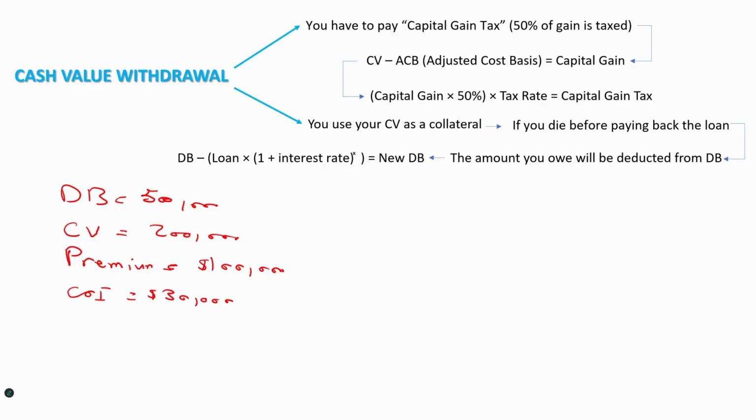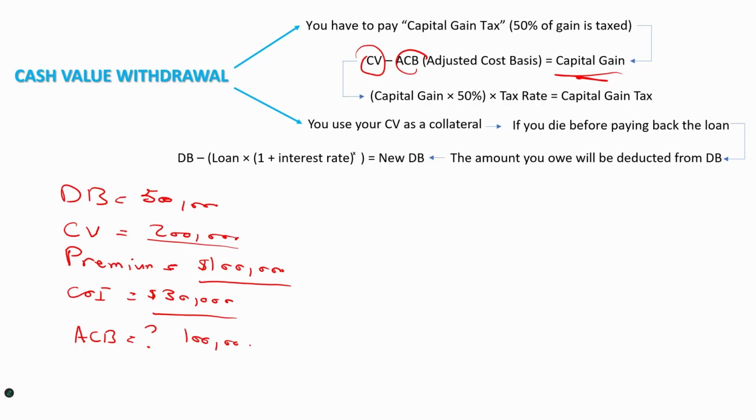So basically, we want to know right now what the CV minus ACB is, so we can calculate the capital gain if this client decides to cancel their policy and cash out their $200,000, right? So this is how it's going to work. I know that the premium the client has paid is $100,000 and the cost of insurance is $30,000. What I need to calculate first is the ACB, which is going to be premium minus cost of insurance.